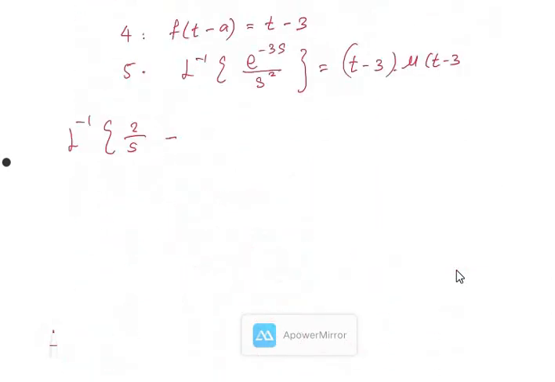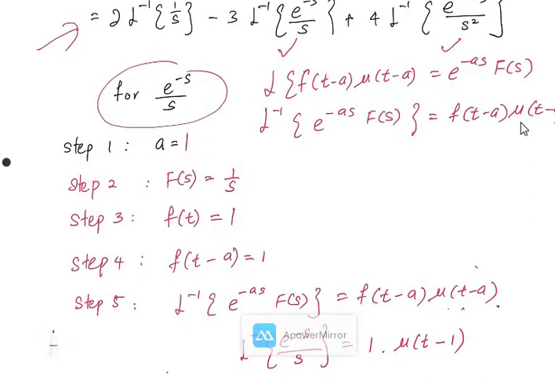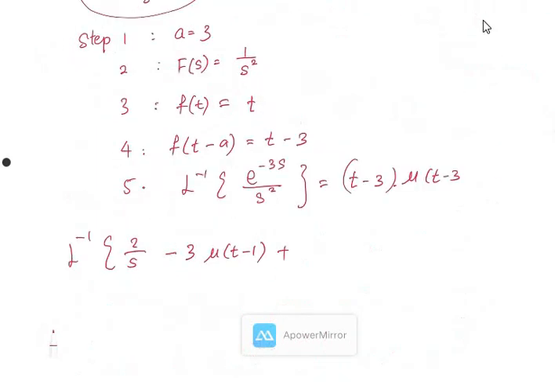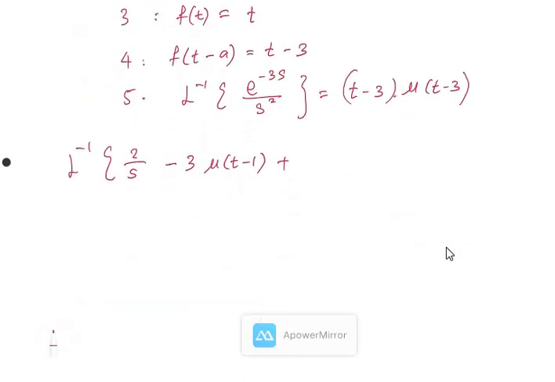Then plus 4 times the inverse of this value, which is t minus 3, u(t minus 3). So we have 4(t minus 3) unit step (t minus 3). So that's all using the second shift theorem for the inverse Laplace transform.